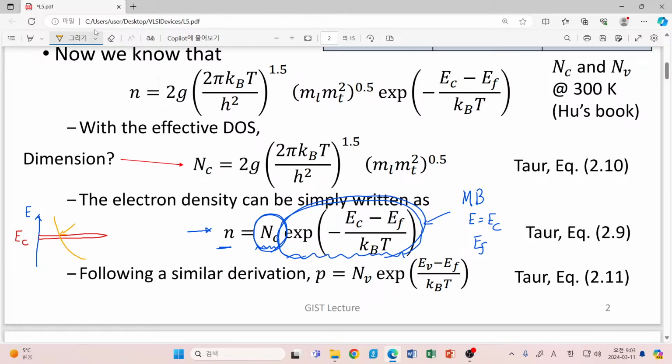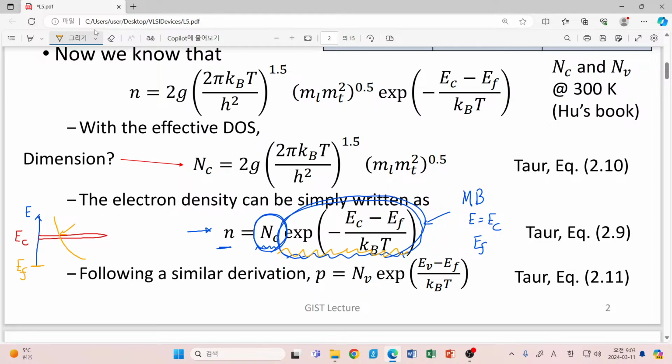This question can be answered by the existence of a certain E sub F. When we have a certain formula, the distance between EC and EF just determines the distribution function. So it is written here.